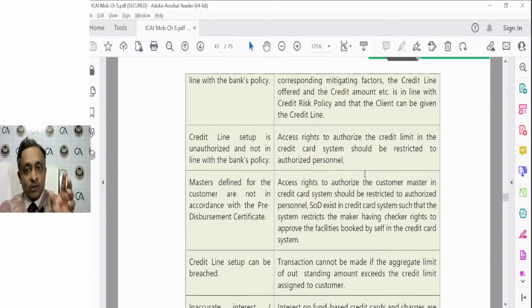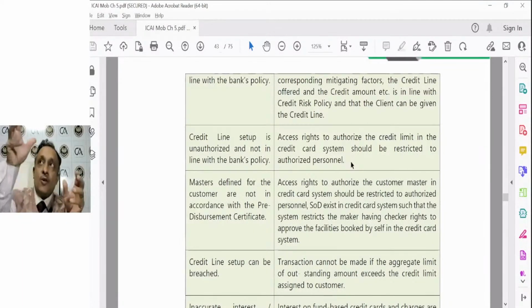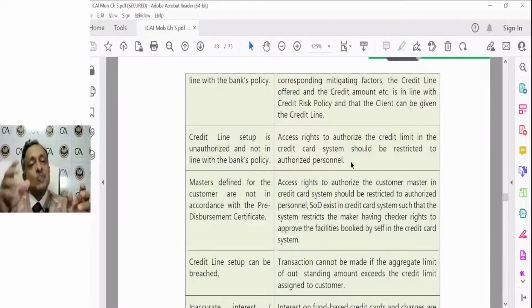Access rights to authorized credit limits in the credit card system should be restricted to authorized personnel. Say I want to share a big banking fraud that happened in a transaction relating to this. For a specified category of credit card, whatever credit line was there, the fraudster was able to modify it.